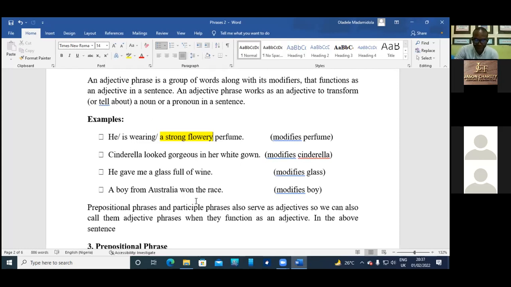You said, Cinderella looked gorgeous. That would be okay. Now let's break it down again. You see, Cinderella here is the subject, right? Yes. Okay. Verb. Looked here is what? The verb.